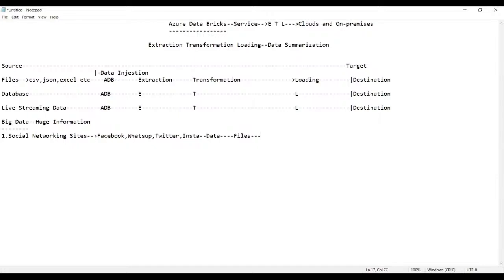These files we get into ADB, that is Azure Databricks, and perform the job of extraction, then transformation, and then loading. Finally, the data will be loaded into the destination.